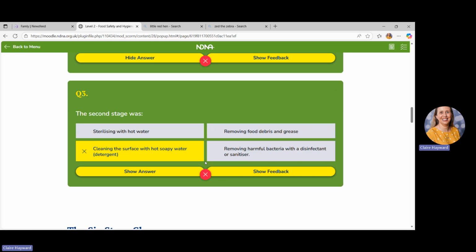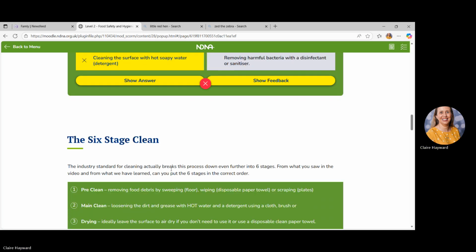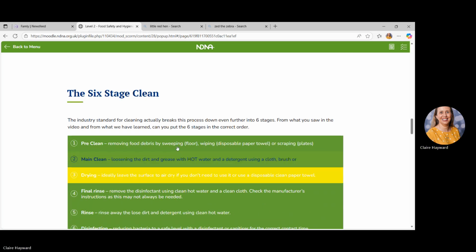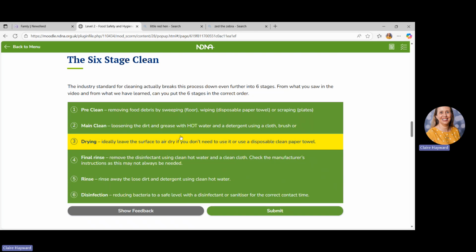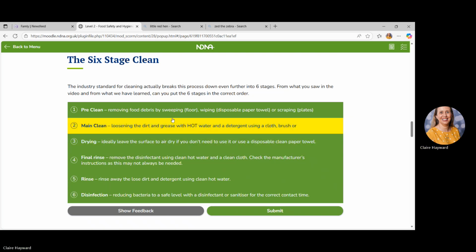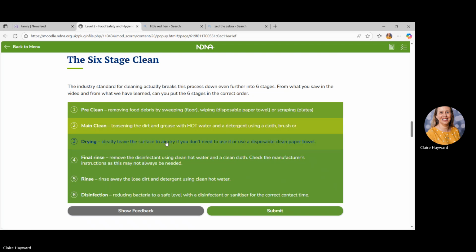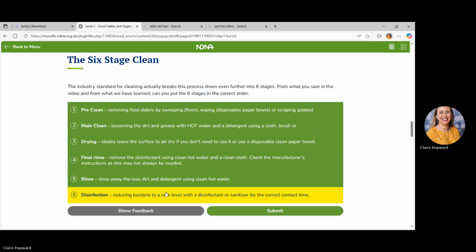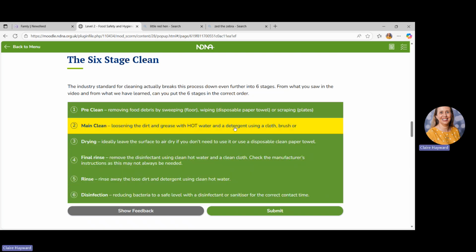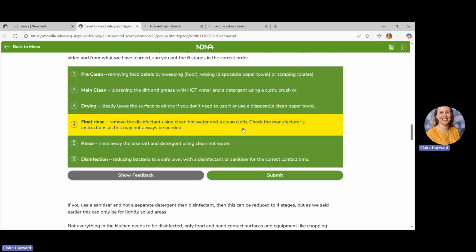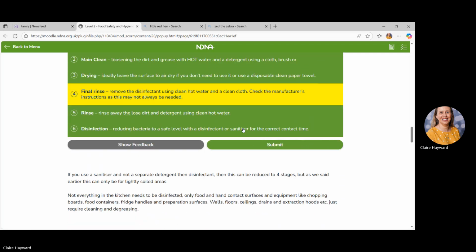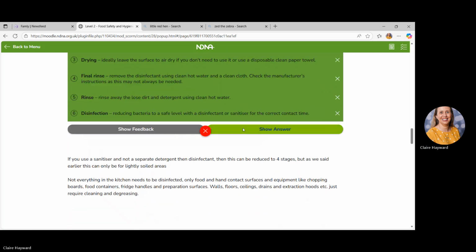The sixth stage clean is pre-clean. So have a go at that.